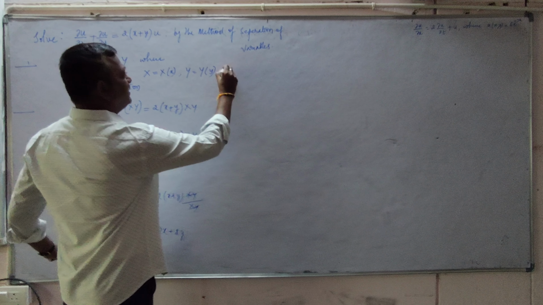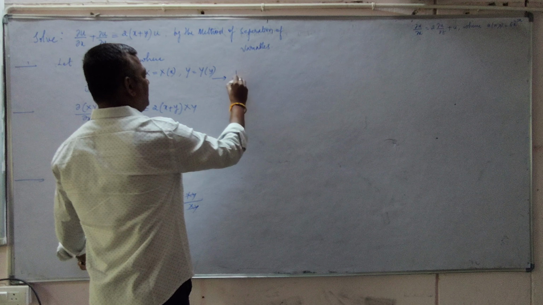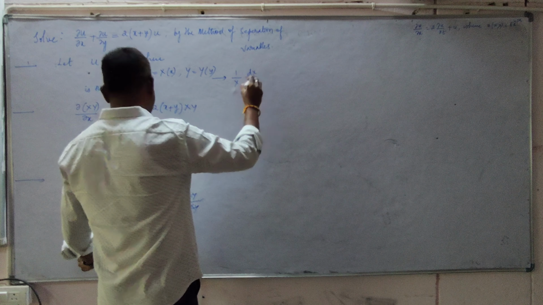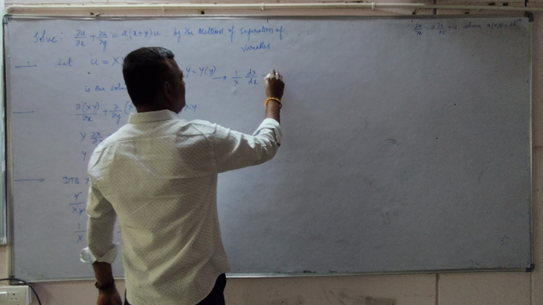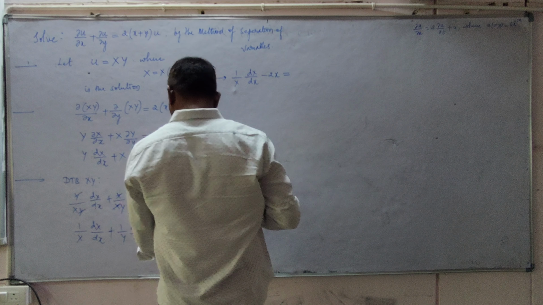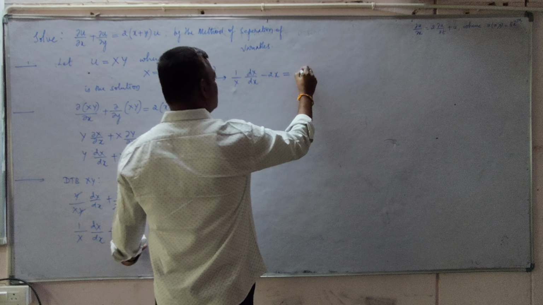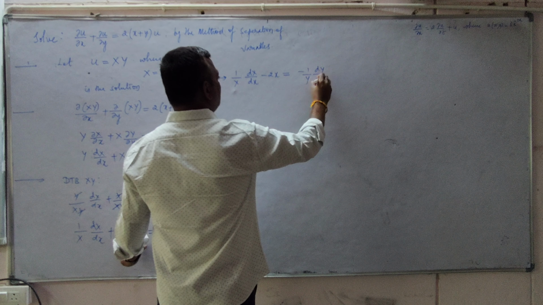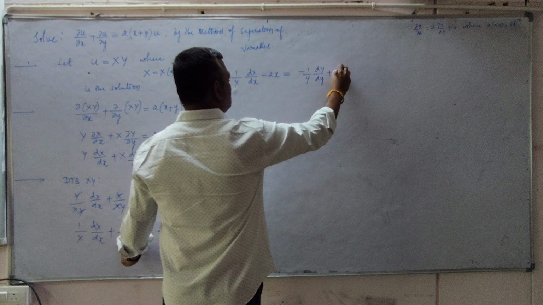In the next step, I will write this as it is, 1 by capital X into d capital X divided by d small x. I will bring this 2x to the left side. It will become minus 2x. And the right side will become minus 1 by capital Y into d capital Y divided by d small y plus 2y.